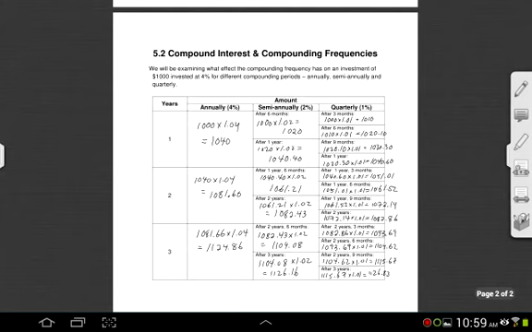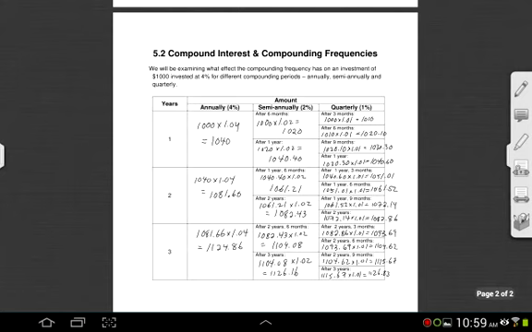So what I want to do is take a look at what my formula would look like now. For this one, we are multiplying by 1.04 each time, right?